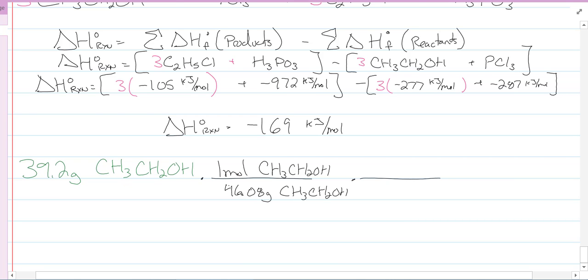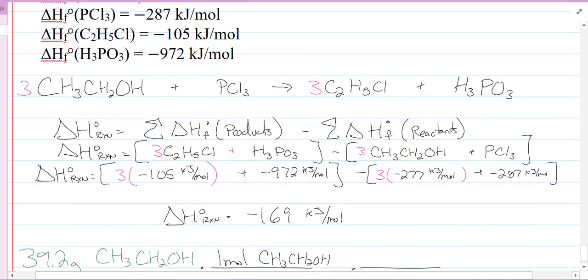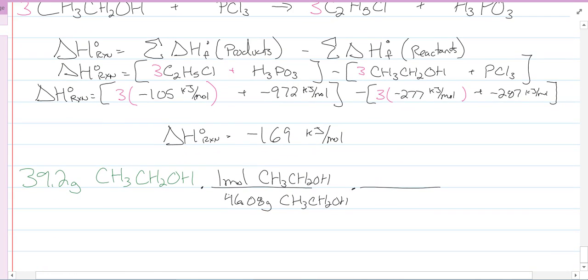Mole ratio, 3 to 1. 3 moles of CH3CH2OH, negative 169 kilojoules. I get 47.9 kilojoules, if my math's correct.